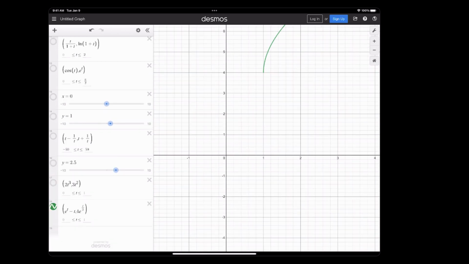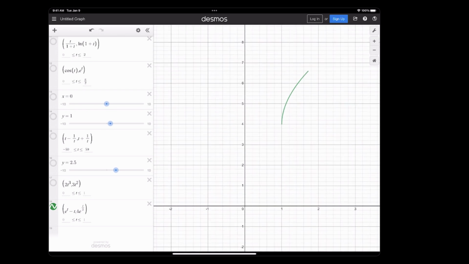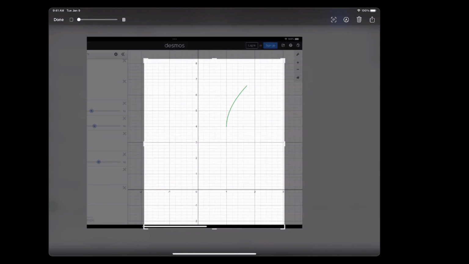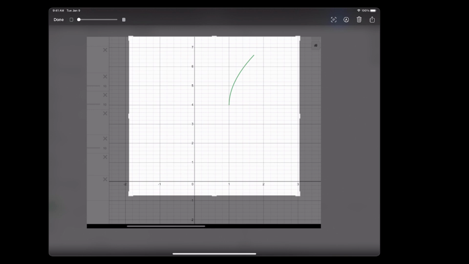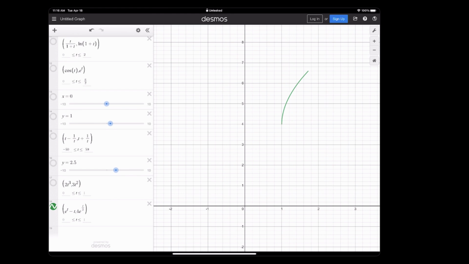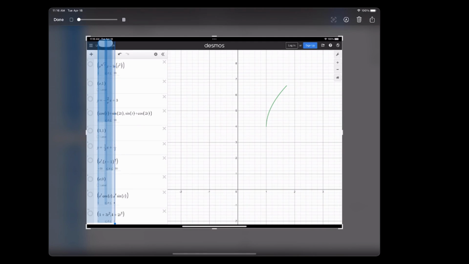Okay, it looks like we're good there. Now you can rotate this curve about the y-axis. Okay, you guys see what I'm saying? Ooh, what happened? That's odd.